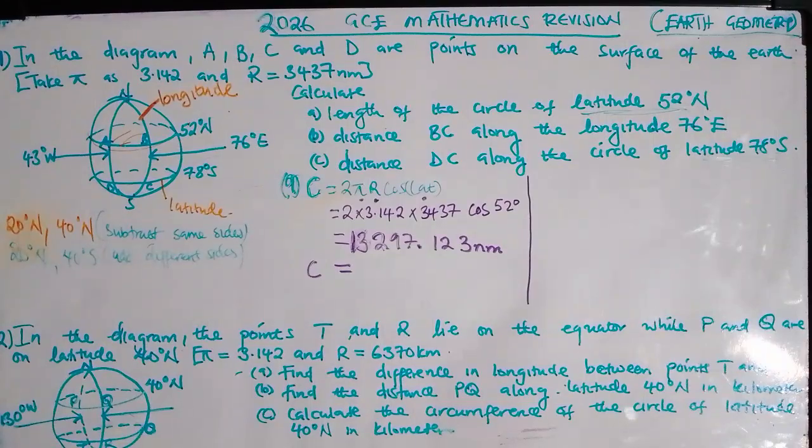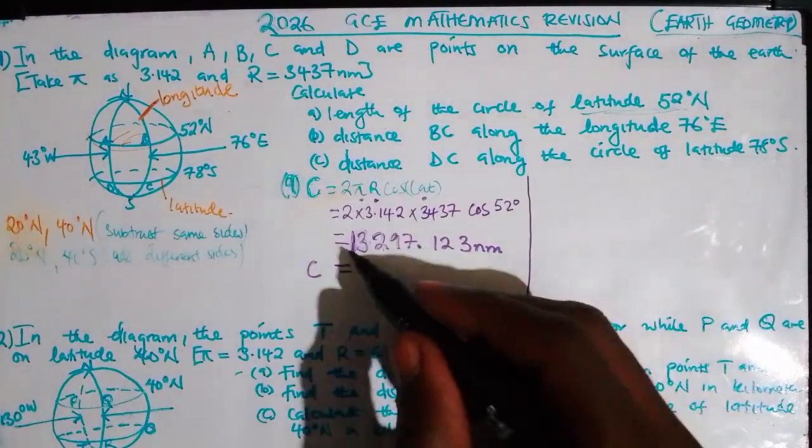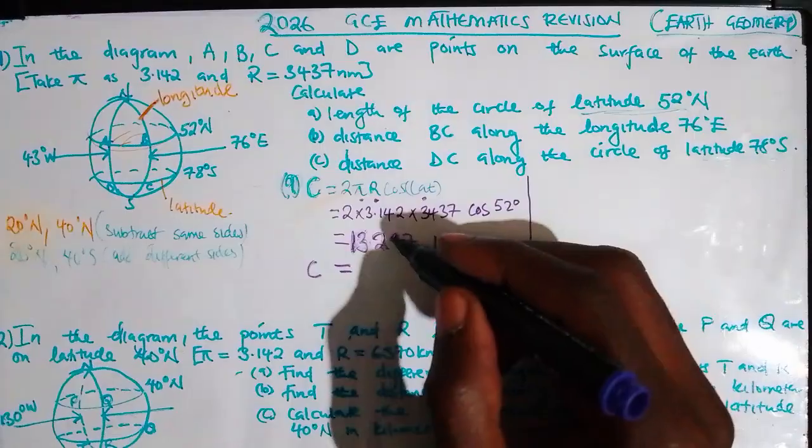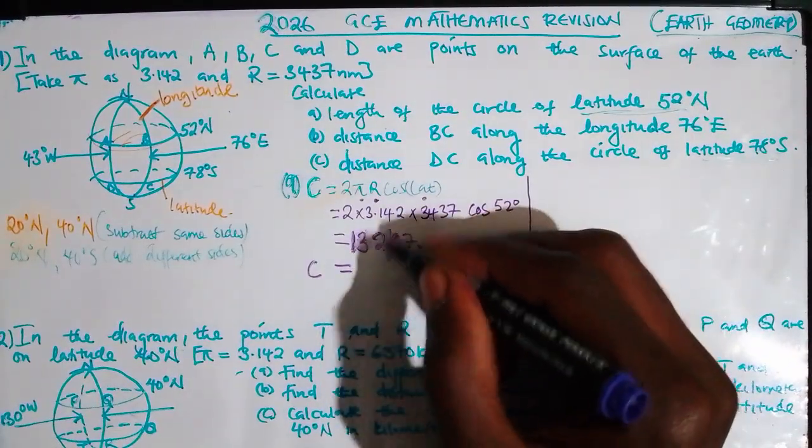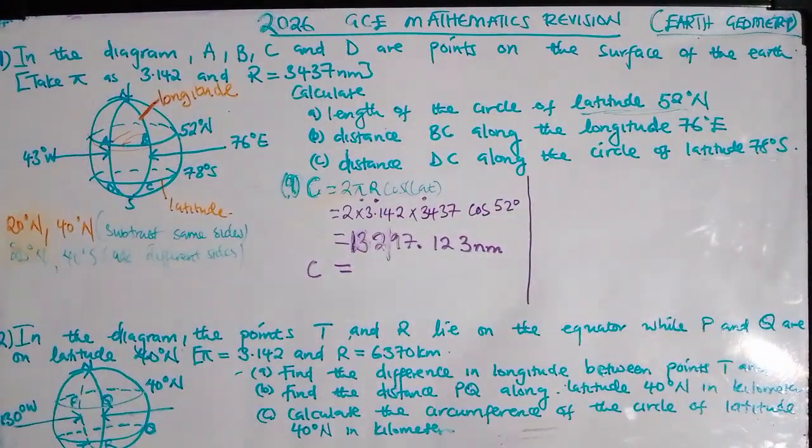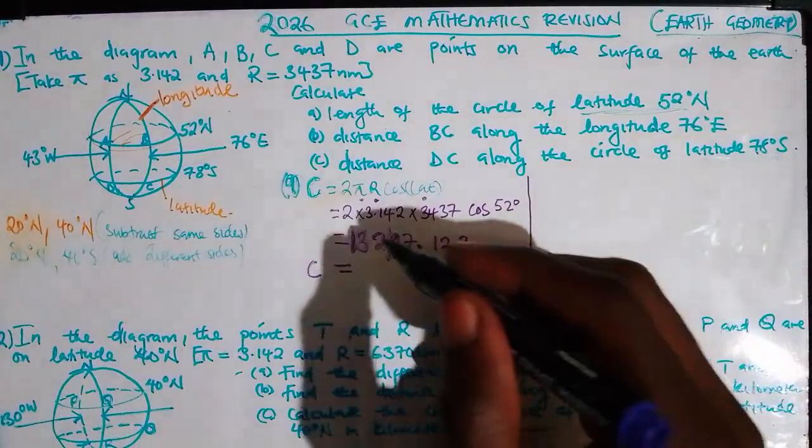So for 3 significant figures, you count 1, 2, 3. Is the number after it 5 or above 5? Yes. What do we do? We add a 1 to the previous number.